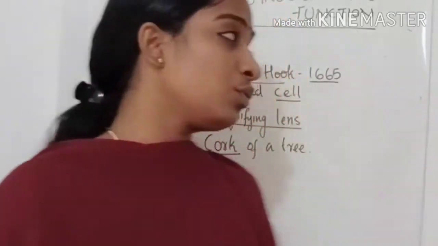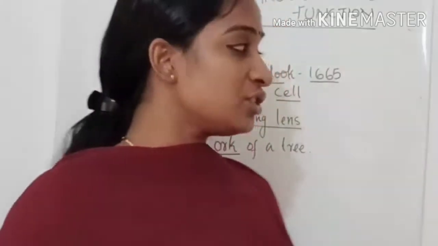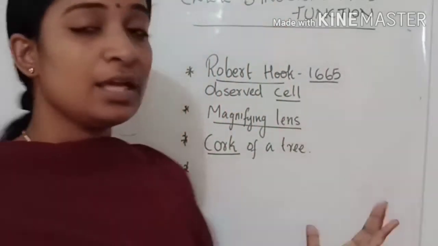So who coined the name cell? Robert Hooke coined the name cell when he discovered the cell in 1665 using a magnifying lens, in which he observed the cork of a tree. What is a cork?